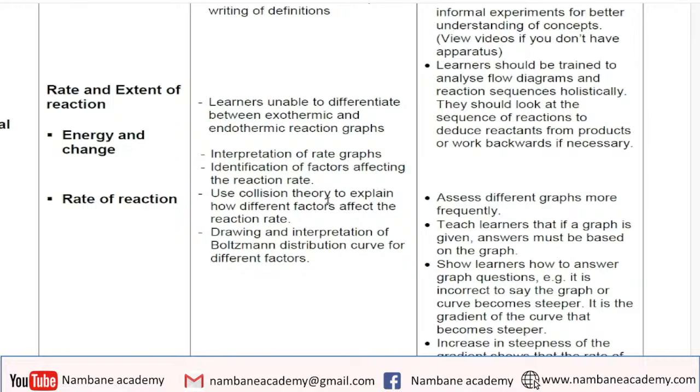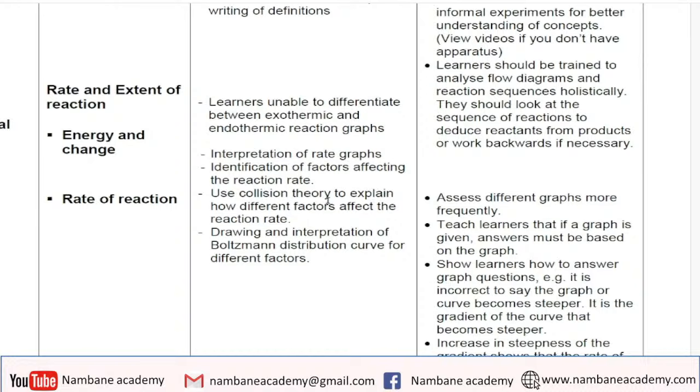The surface area that we can change is the surface area of the solid reactant only. You can't just say, I will increase the surface area. To us, it's the same as not saying anything. It must be, I will increase the surface area of a solid reactant. I will increase the concentration of an aqueous or solution reactant or a gaseous reactant.